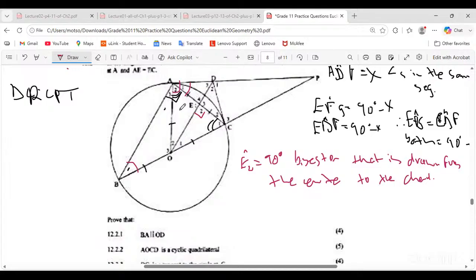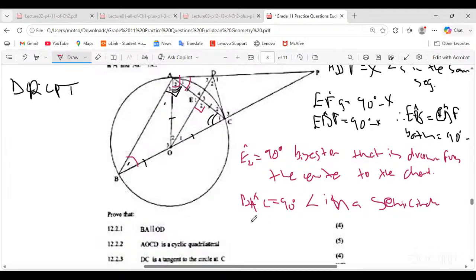Now, the next one: angle BAC is equal to 90 degrees, angle in a semicircle, or angle subtended by the diameter.